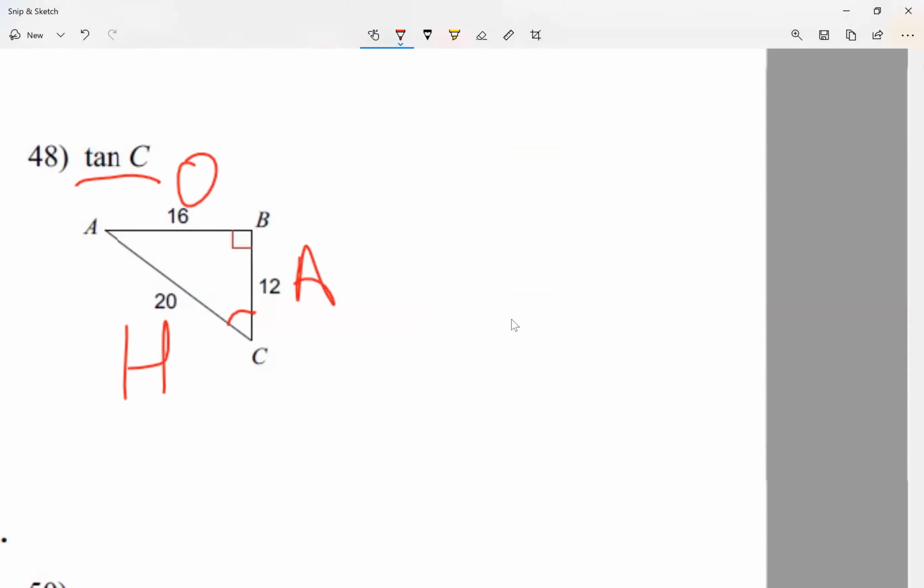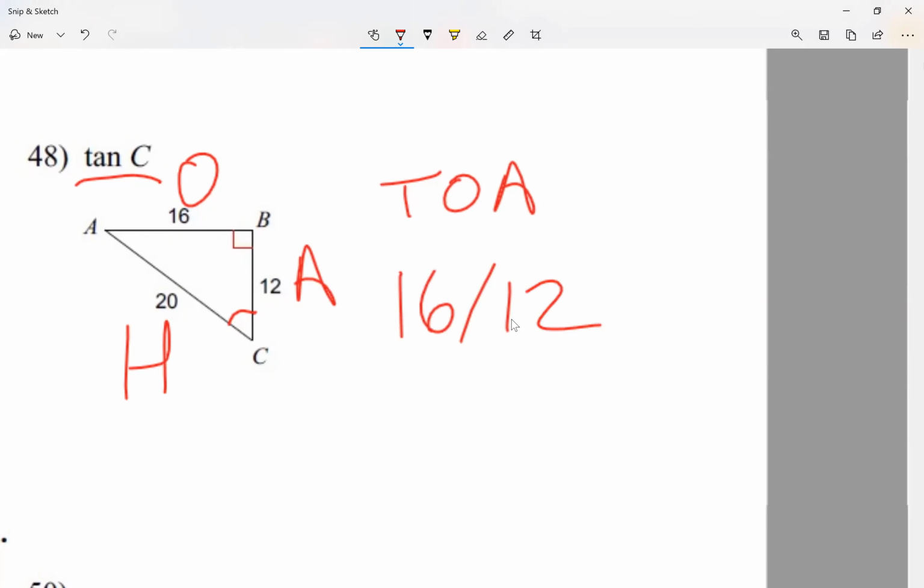Again, opposite means far away, adjacent means close to the corner C. Now, tangent, I remember the acronym TOA. I know that means tangent equals opposite over adjacent. So I'm going to go 16 over 12. And again, simplify your fraction if you can. This one we can. The number 16 and 12, let me divide each by 4. So my answer will be 4 over 3.